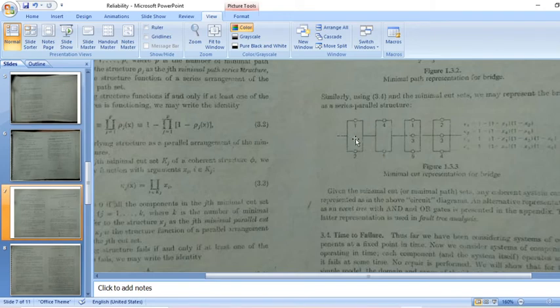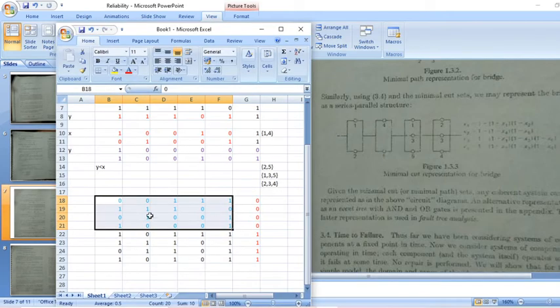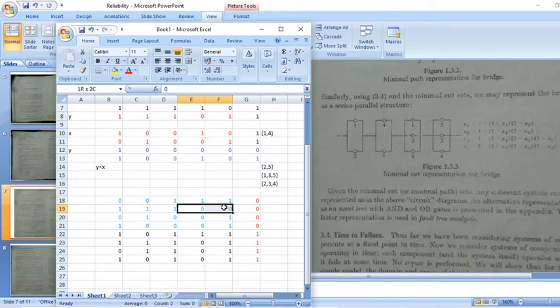What are the minimal cuts we have written? 1 2, then 3 4, 4 5, then 1 3 4, 1 3 5, then 2 3 4. Okay, this is clear.